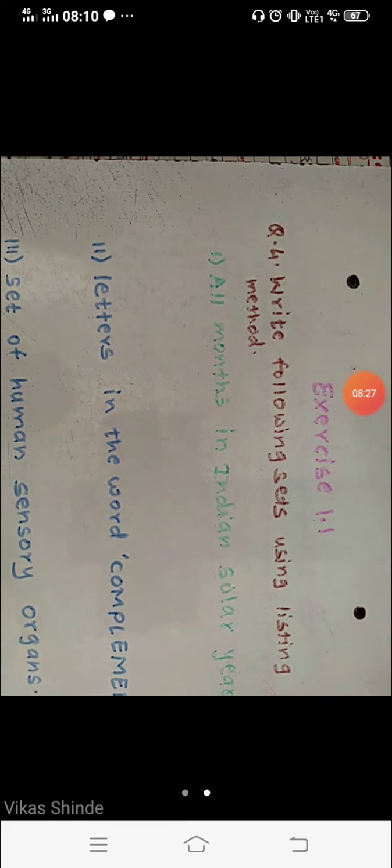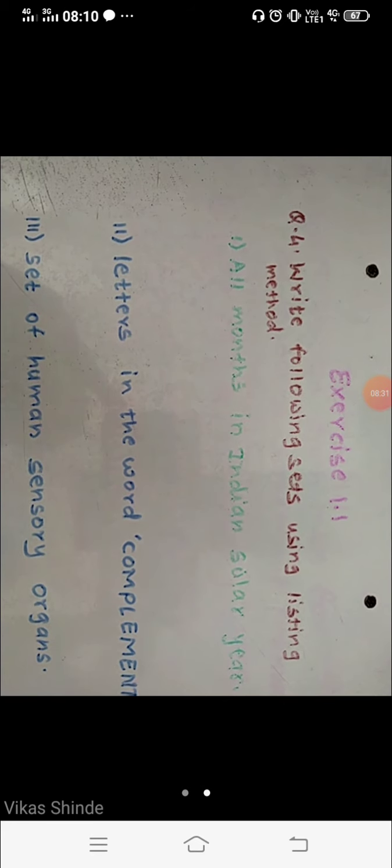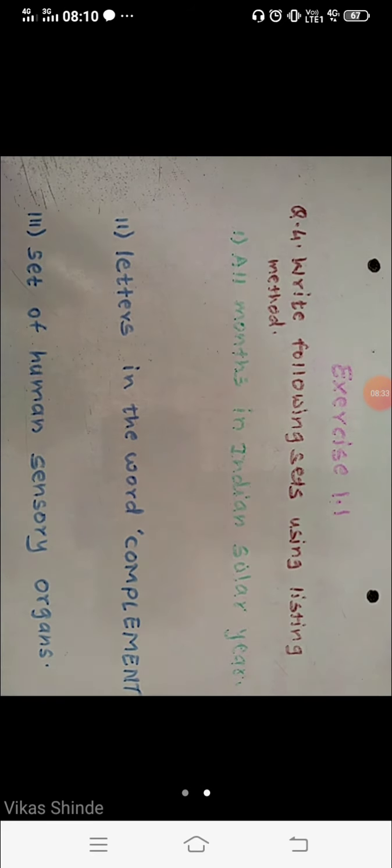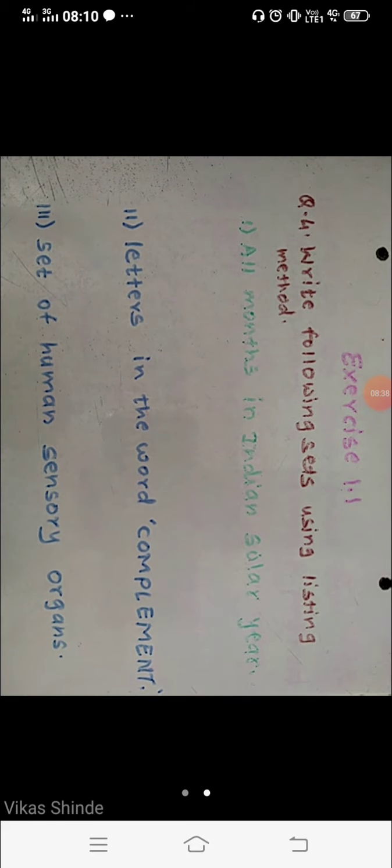Okay students, now look here, next question, question number 4 from exercise 1.1 here. In this question number 4, write the following sets using the listing method. In this question we have to write the given sets by using the list method. The first example is here: all months in the Indian solar year. All months in the Indian solar year means we have to write the names of the Marathi months here.